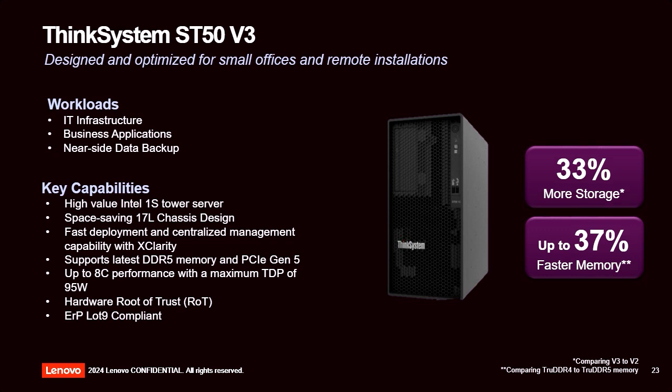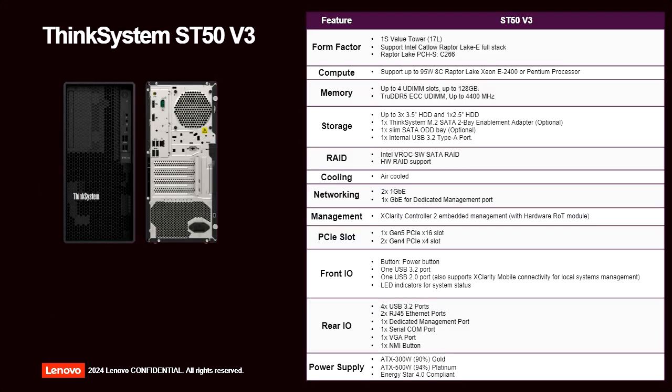But again, most of the time where we're installing these, that's not something we really need to take care of. So these go up to 8 cores. You can see that they've got 4 DIMMs, just as all of the E-series CPUs do. Compared to the ST50 V2, we now have that manageability out there with XClarity, as well as the ability to do 3.5-inch hard drives for RAID 5 out there. And then, as you can see, we've got a couple PCI slots there and some other things.